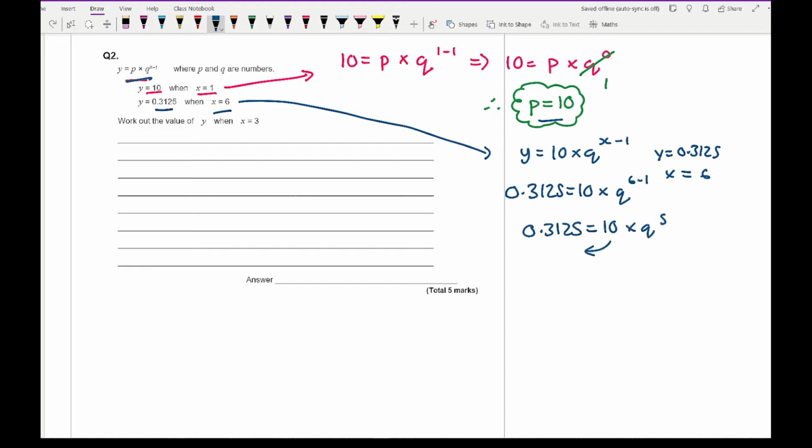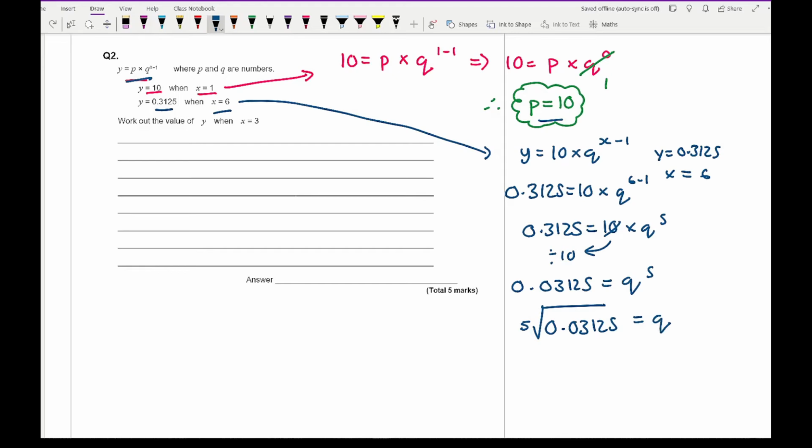I take the 10 over by dividing by 10, so it ends up being 0.03125 equals q to the 5. And then if I do the 5th root of 0.03125, I get the value of q.